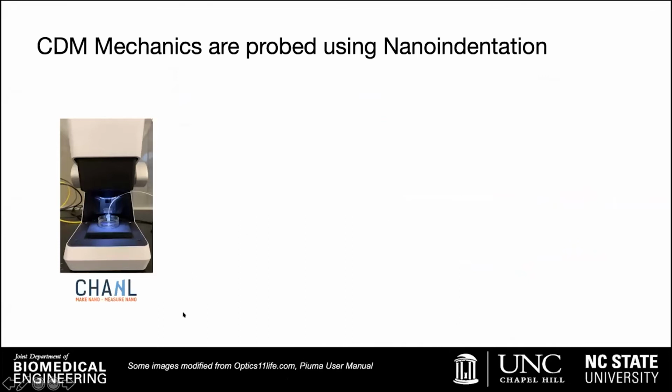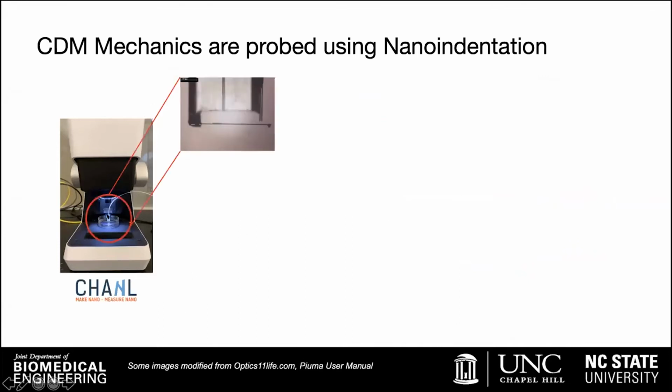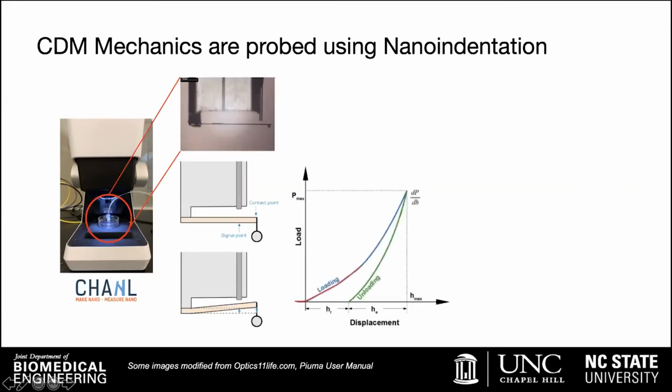We use nanoindentation to probe the mechanical properties of our cell-derived matrix. So nanoindentation, briefly, this is the nanoindenter machine, works by indenting into our sample using this probe that consists of a cantilever beam with a spherical tip at the end. As you indent into your sample, this cantilever beam bends upward, and the machine detects the amount that it deflects, as well as the load being applied to perform the deflection.